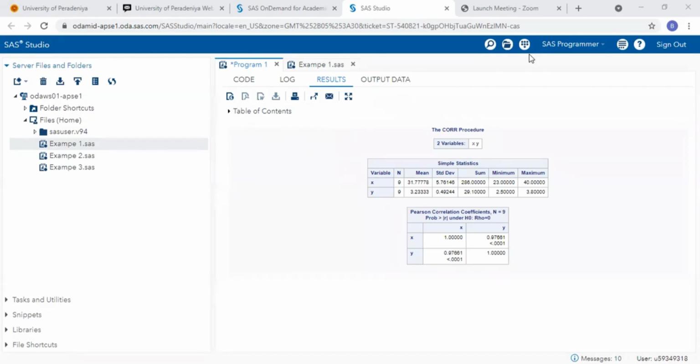Tomorrow we will start with ANOVA, because you need to know all the statistical approaches. That is why I have given all the opportunity to learn from the other side.